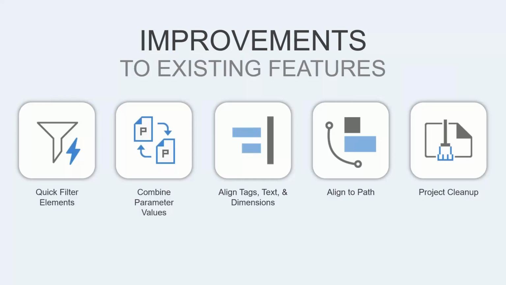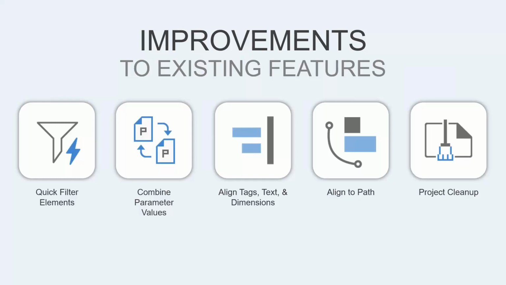Next, we'll look at combined parameter values, where we've added the option to also select Revit database parameters. These are data that we can get access to through the Revit API, but normally can't in normal Revit world. So now we can, using the combined parameter values. We've added to the align tags feature the ability to also align text and dimensions.